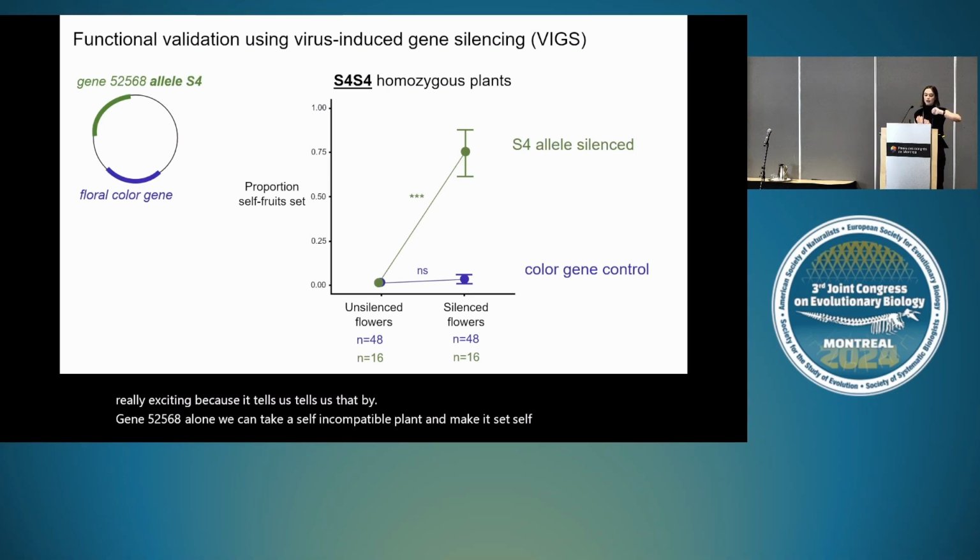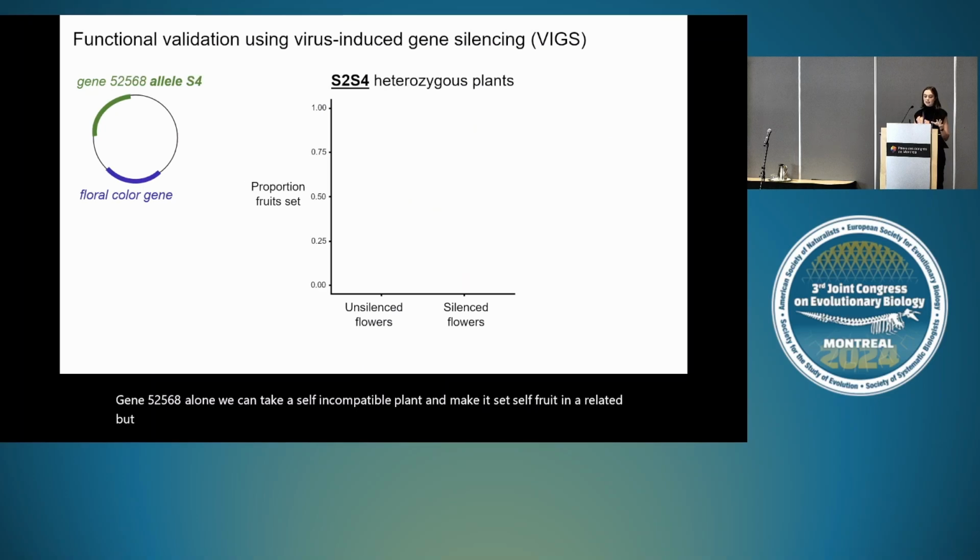In a related but slightly different experiment, this time I treated heterozygous plants, so S2, S4 heterozygotes, but again targeting S4 specifically. So in this case, only S4 is silenced while S2 should still be active. I then pollinated these plants with pollen of known S-locus genotypes.